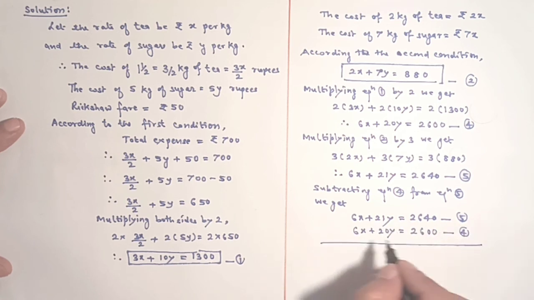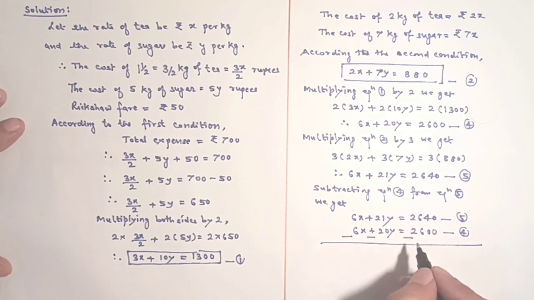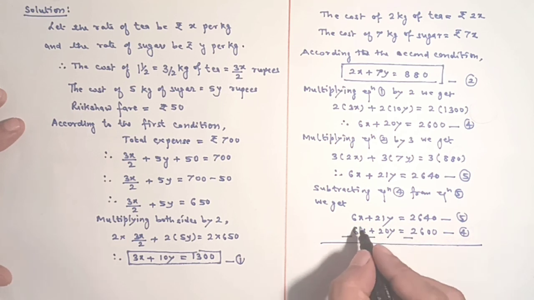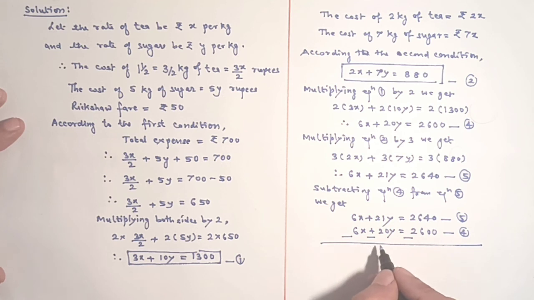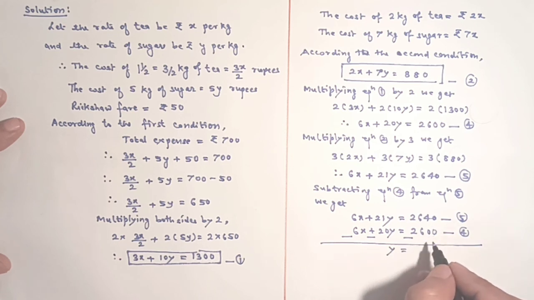Subtract, change the sign and add. So 6x minus 6x is 0, 21y minus 20y is only a single y, and 2640 minus 2600 is 40. So you got y is equal to 40.